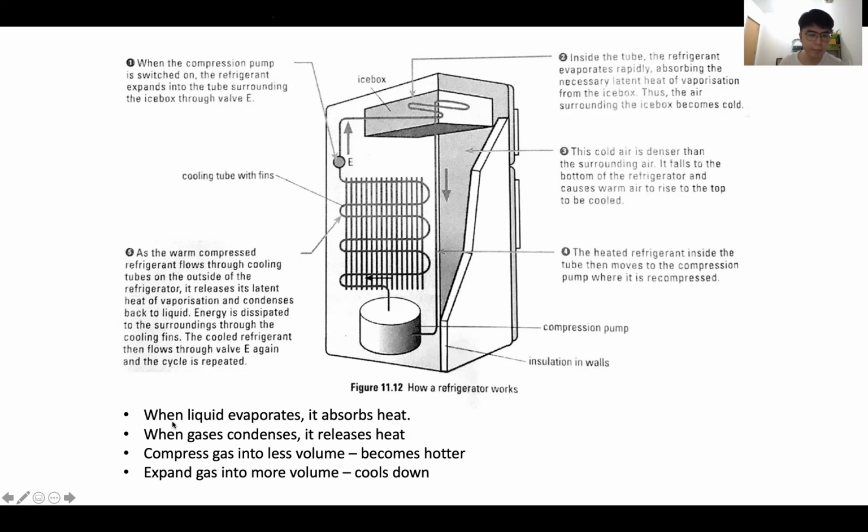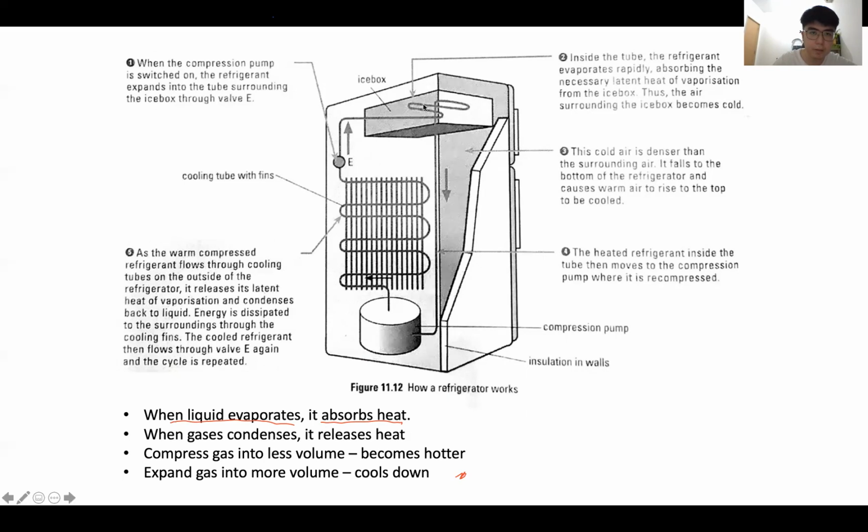When liquid evaporates, it absorbs heat energy.